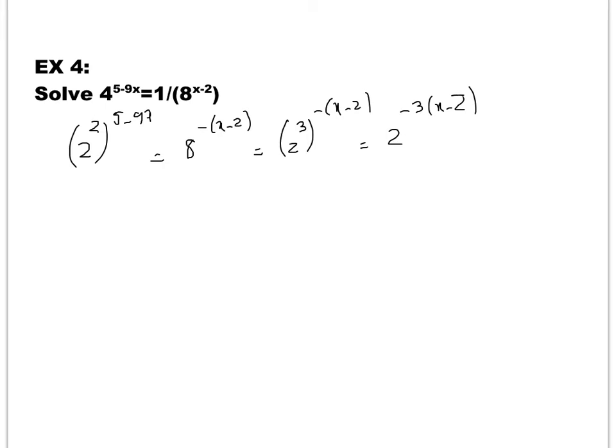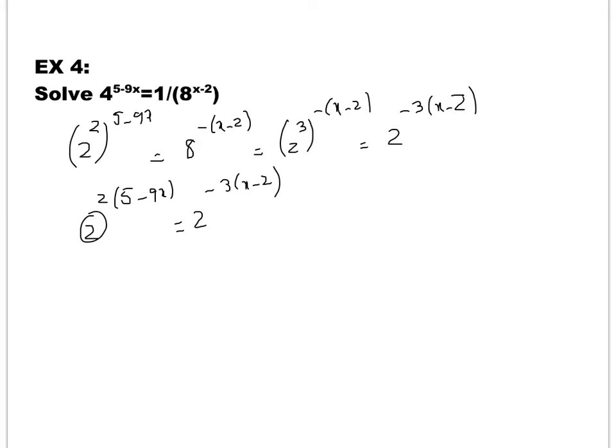Now, on the left-hand side, if you multiply 2 by the exponent, I get 2 exponent 2 times 5 minus 9x is 2 exponent negative 3 times x minus 2.